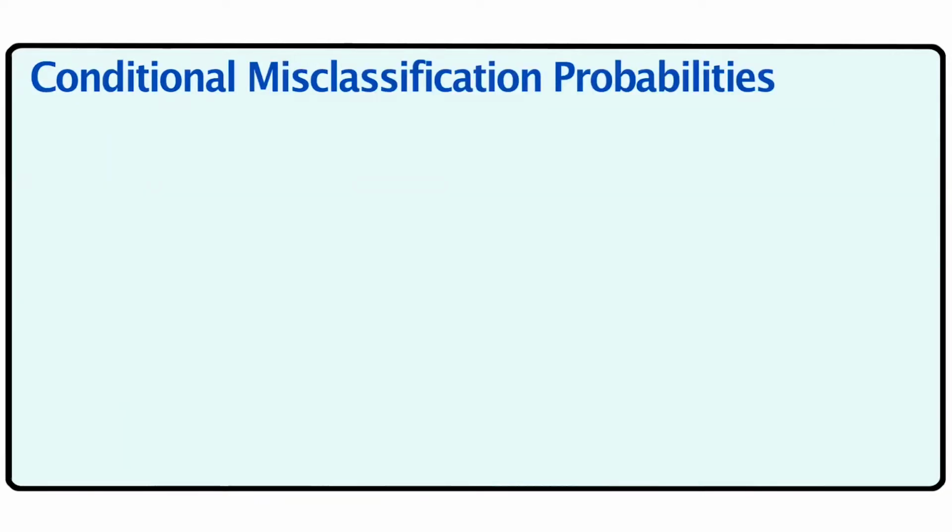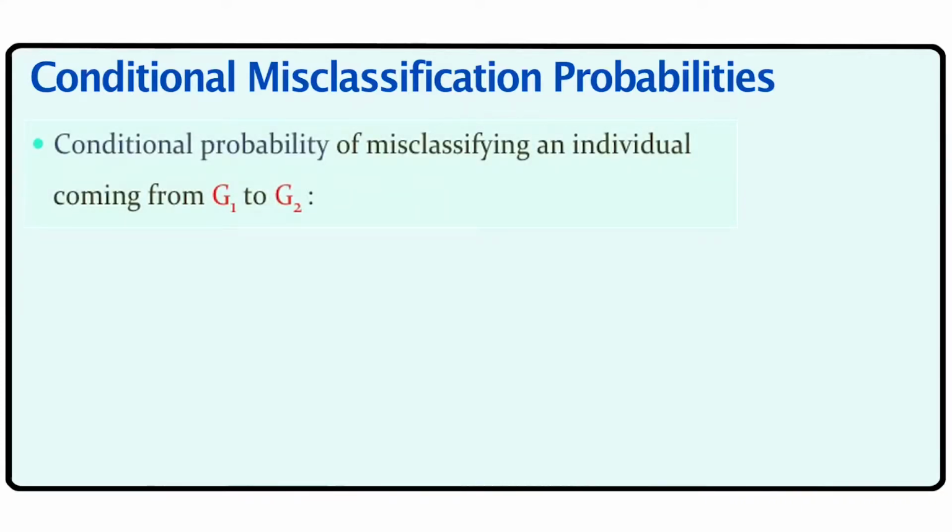Now, how to do this? First of all, let's look at the conditional probabilities of misclassification. Why do we call it conditional? Remember that individuals come from only one of two groups, G1 and G2. So the conditional probability of misclassifying an individual coming from G1 to G2 is P(2|1), which is the probability that x belongs to R2 given G1.